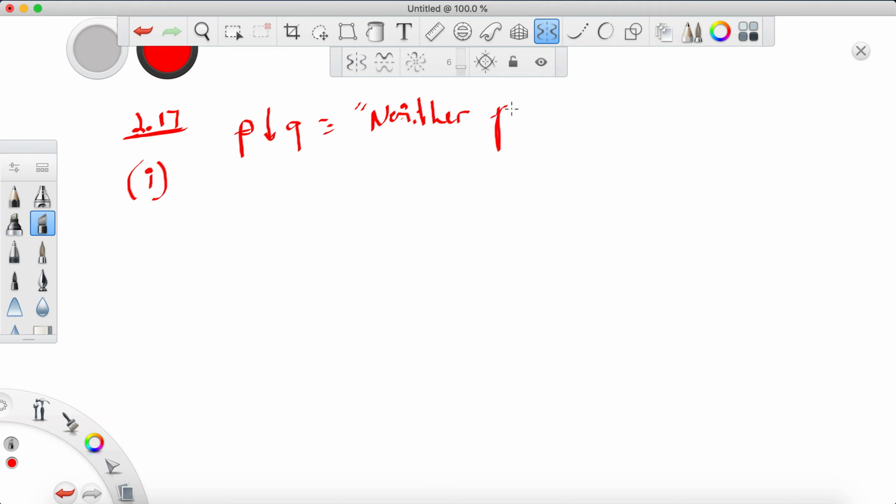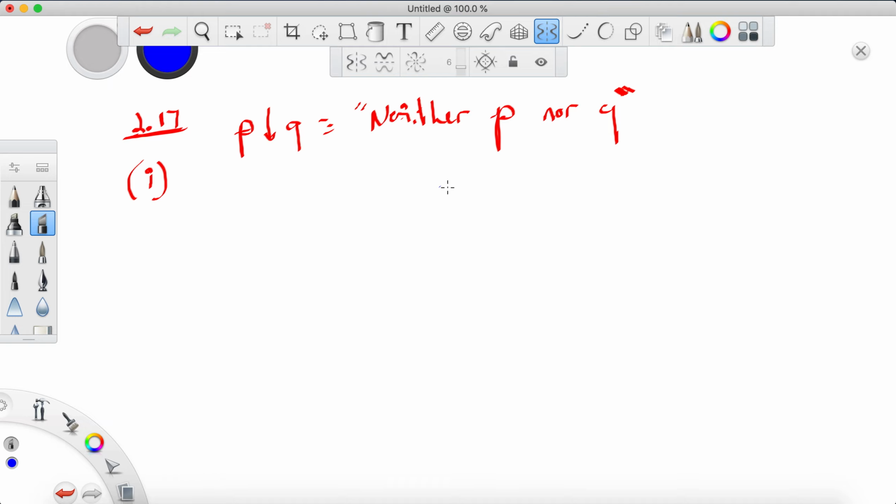So hopefully you know how to do this, even though I haven't told you what it is or how it works. So the first question is construct a truth table.